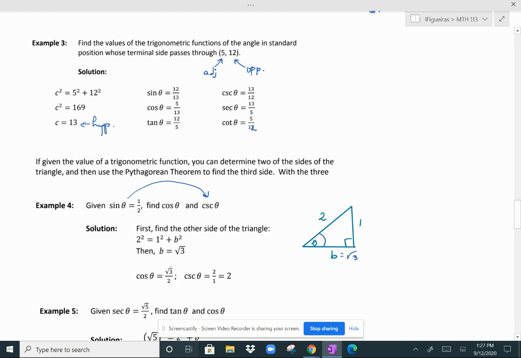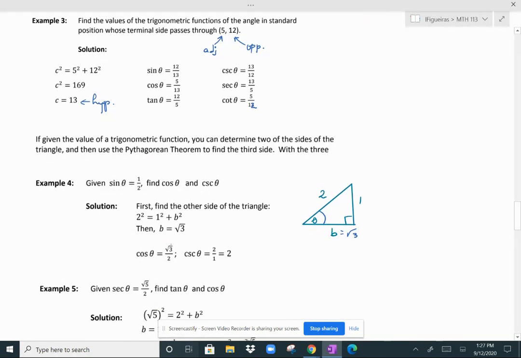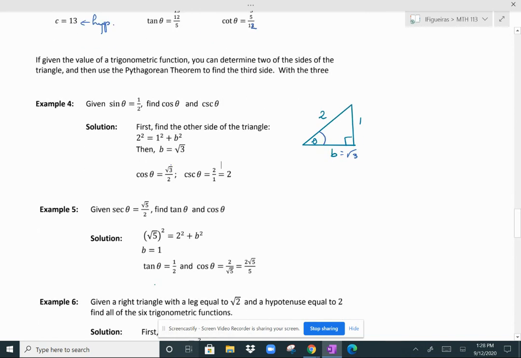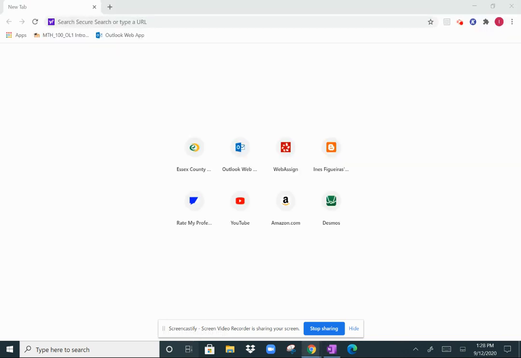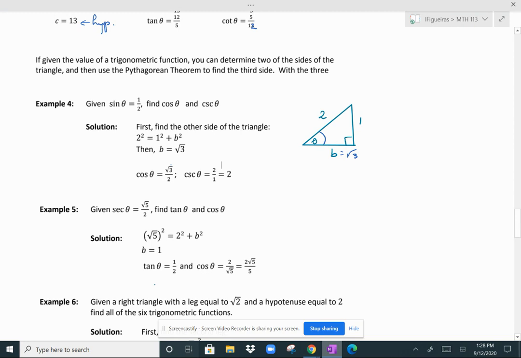Okay, let's do another example. Similar to that, suppose you're given that secant of theta is root 5 over 2, and we want to find tangent and cosine. So remember, secant is the reciprocal of cosine.